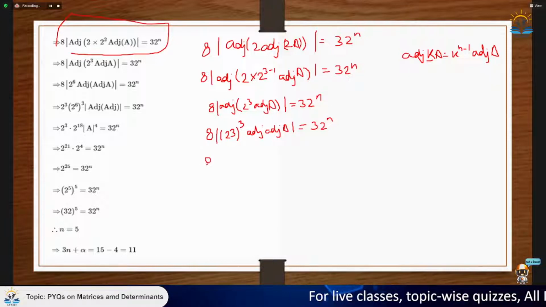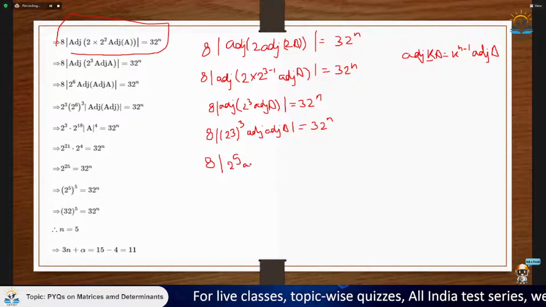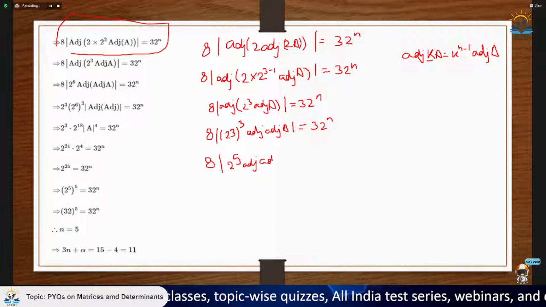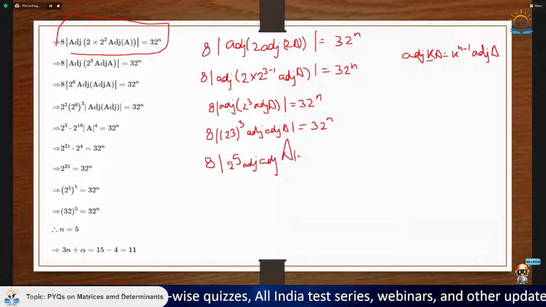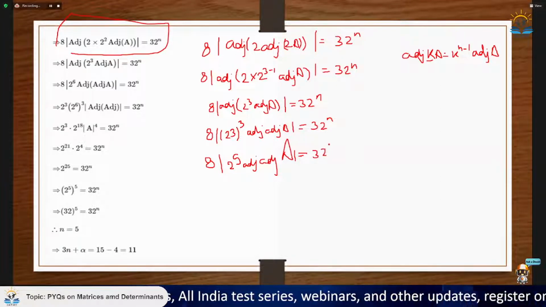So it would be 8 times 2 power 9 into adjoint of adjoint A equal to 32 power n.